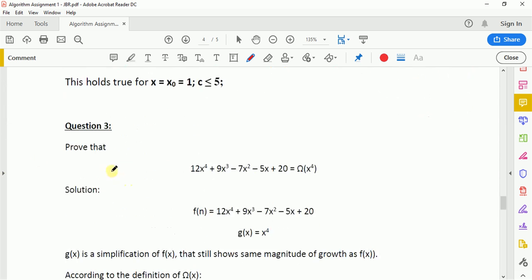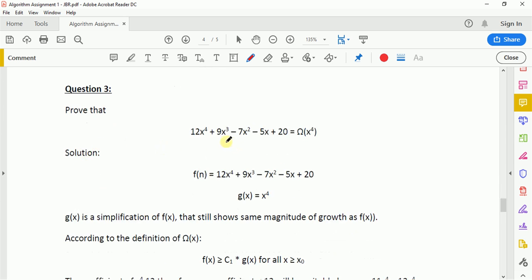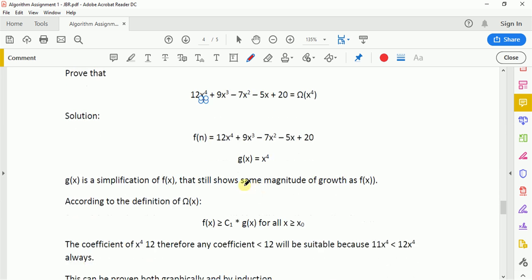So this holds true. 3. Prove that x again, this is not n, so these are real values. Just like we did in the first one, you simplify the polynomial, but that shows the same growth. You test the condition from the definition of big omega.